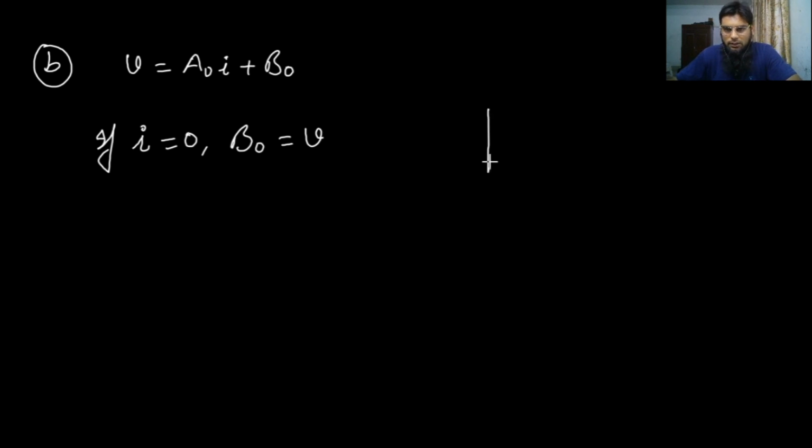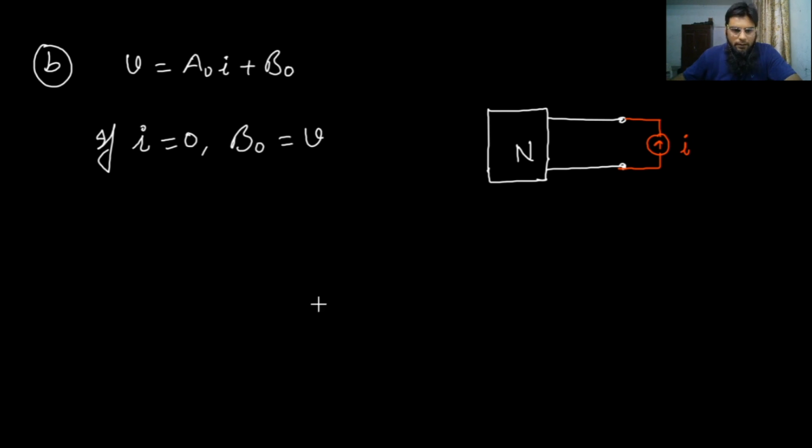Let us analyze this. This is the network N, and we have connected a current source I across this terminal, and this is the voltage V across the terminals A, B. Now if we put this current source to 0, I equals 0, what happens?